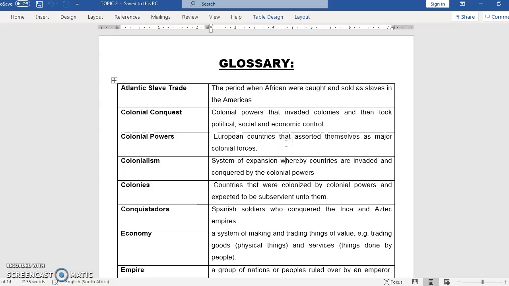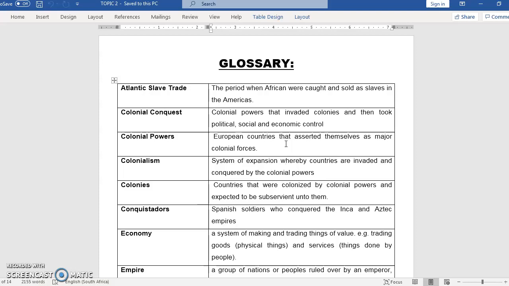Then we've got colonialism. This is a very important word to know. So once you're done writing it down, I want you to highlight it. Colonialism is basically a system of expansion whereby countries are invaded and then conquered by colonial powers. So in other words, these big strong European countries like Britain, Spain and Portugal would go to countries that can't necessarily fight back.